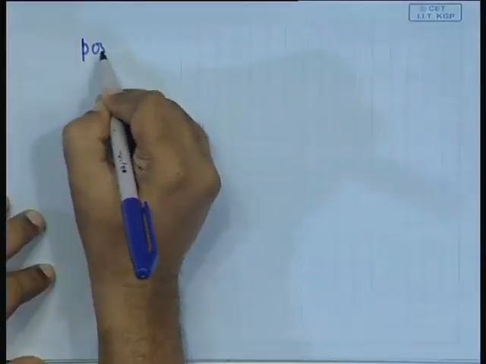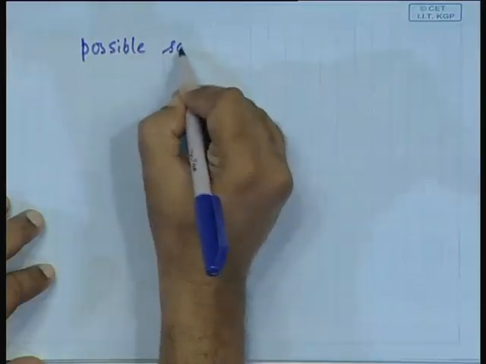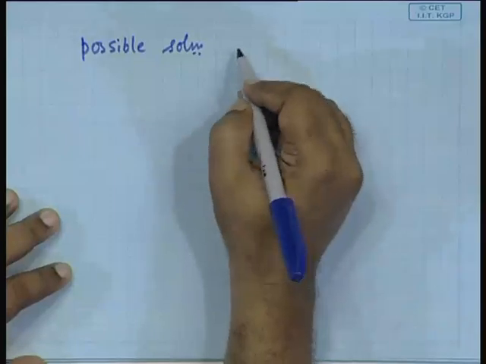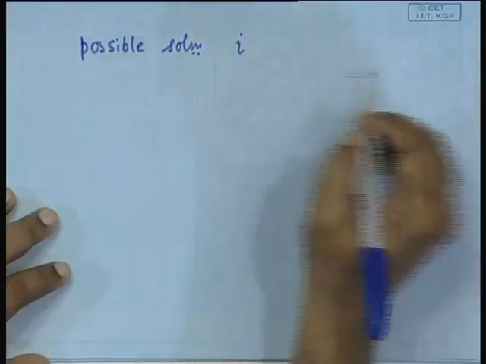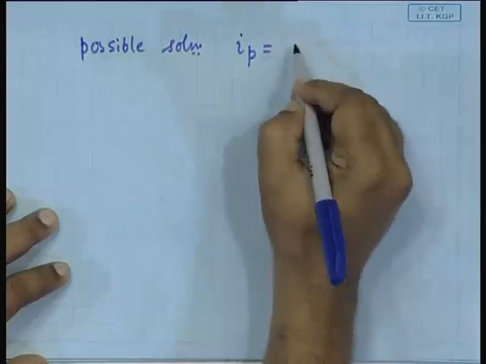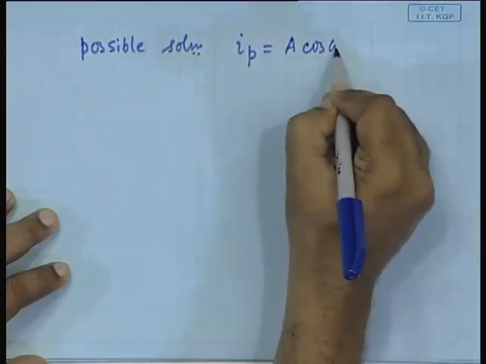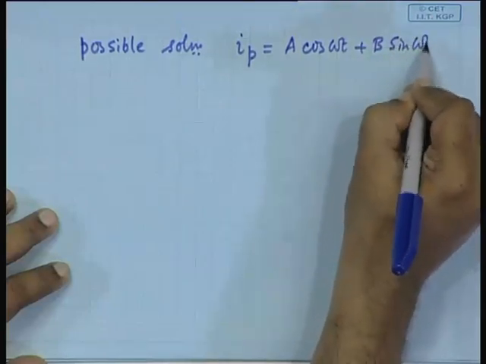So, a possible solution, we will check whether it could be a possible solution, I will write it as I p is equal to A cos omega t plus B sin omega t.